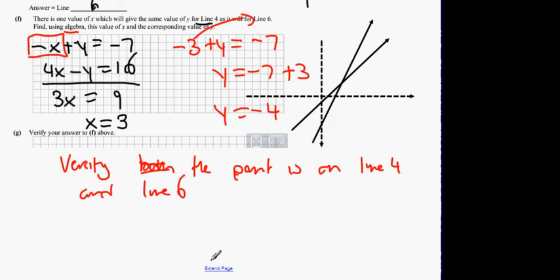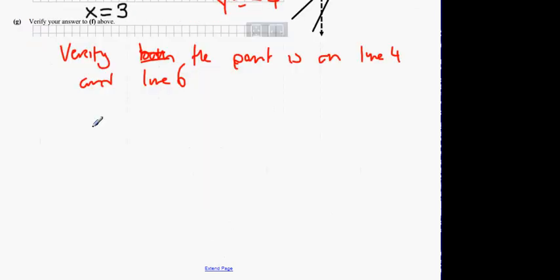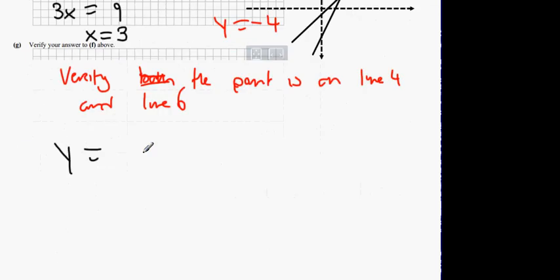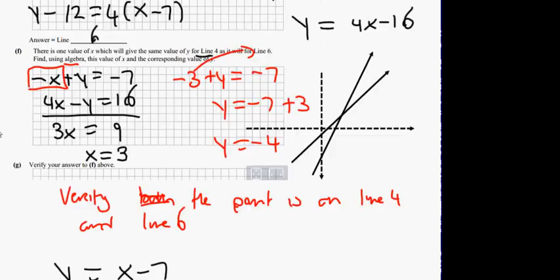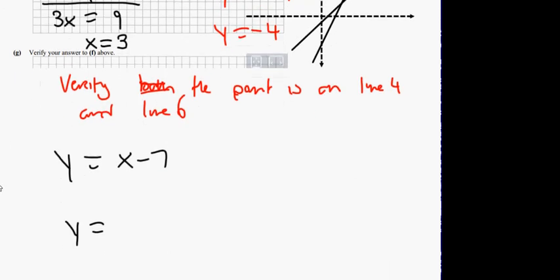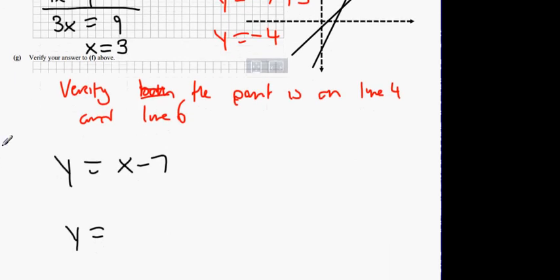Now, to verify that the point is on both lines, here's what we need to do. We need the equation of line 4, which is y equals x minus 7. And the equation of the other one is y equals 4x minus 16. Is that correct? The equation of line 6 and line 4.